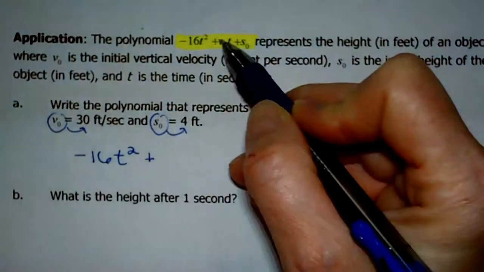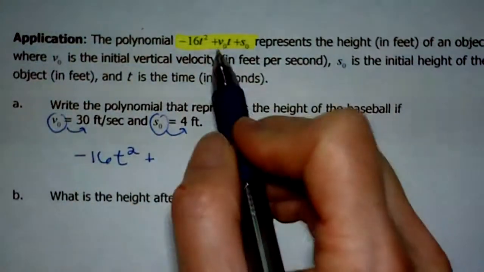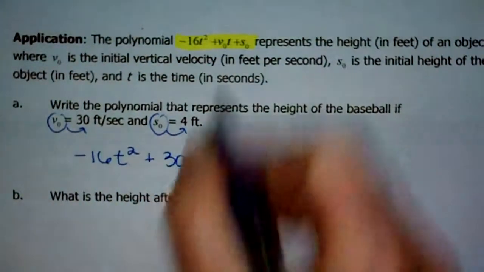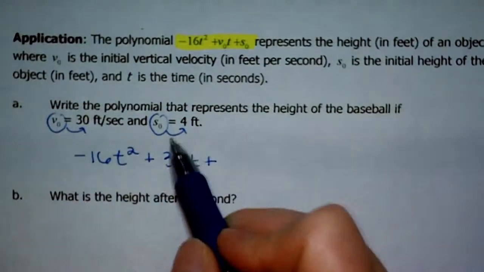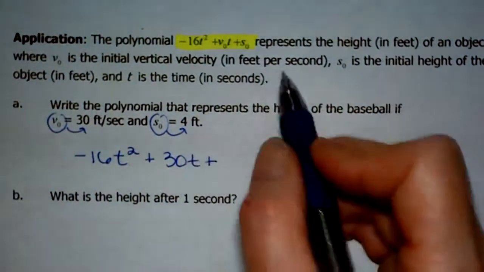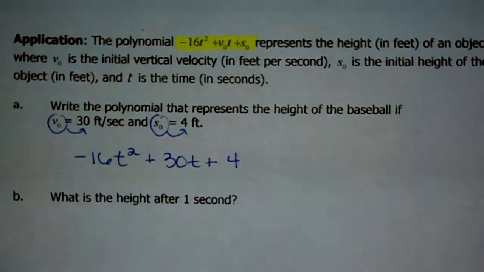I did tell you what v sub 0 was. I said that that's 30 feet per second. So we're going to plug 30 in for v sub 0. I didn't tell you t, so rewrite it. And I do tell you that s sub 0 is 4. So I'm going to replace s sub 0 with 4. That's all that first portion is asking you. It's just asking you to rewrite it with those values that are given.